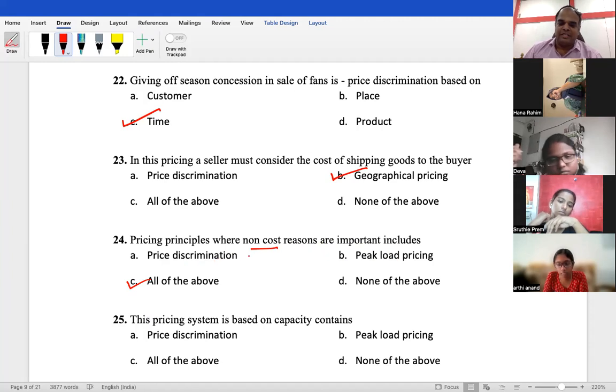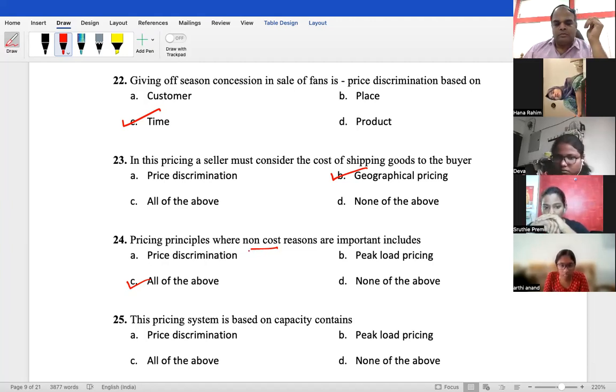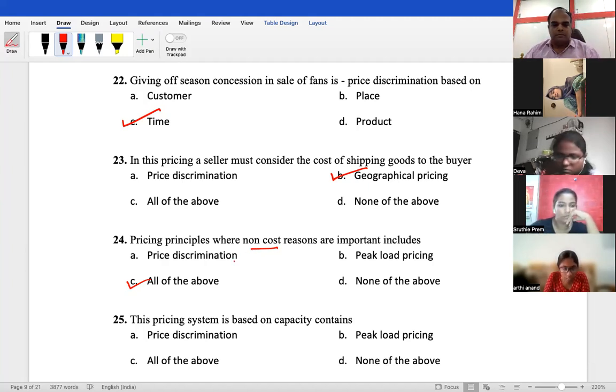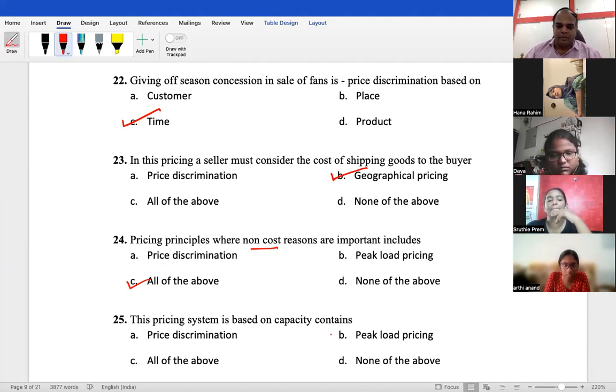Therefore, price discrimination and peak load pricing come under non-cost factor based pricing. The pricing system based on capacity contains: price discrimination, peak load pricing, all of the above, none of the above. What is the answer? Peak load pricing. Yes, capacity constraint is peak load pricing.